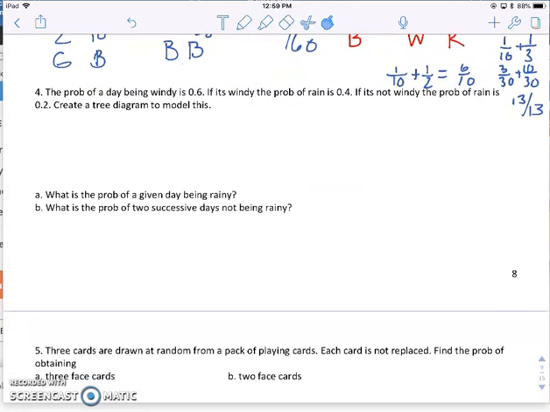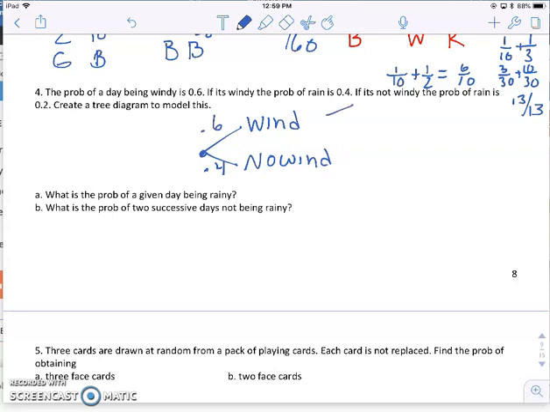The next one here: the probability of a day being windy is 0.6. If it is windy, the probability of rain is 0.4. If it is not windy, the probability of rain is 0.2. So we could have wind and no wind, 0.6 and 0.4.